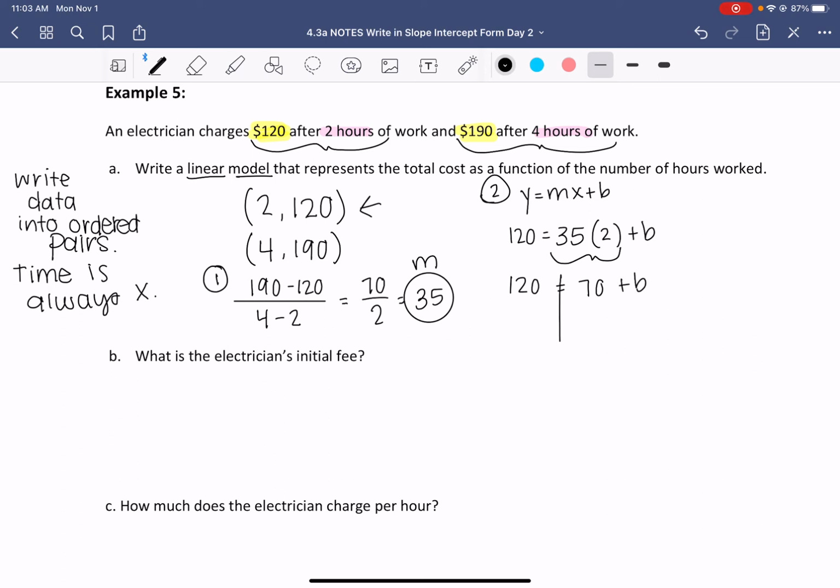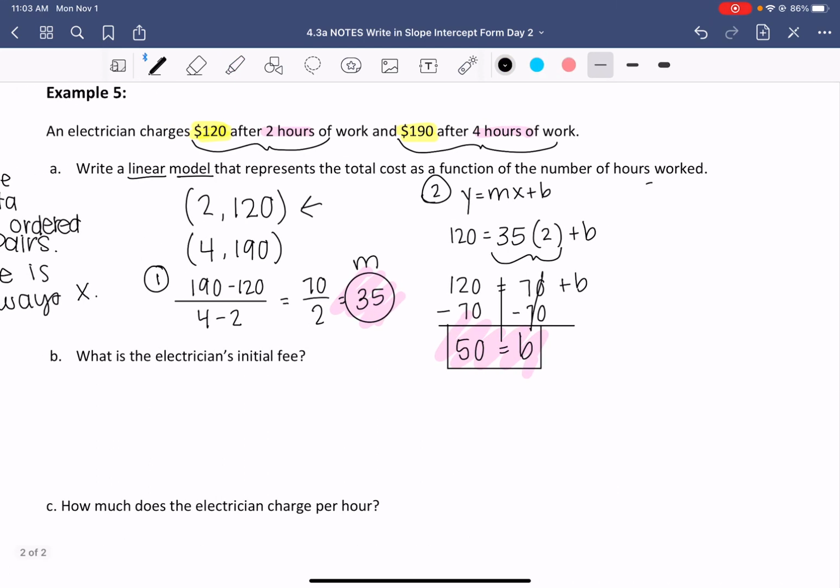And then we're going to solve for b, so I'm going to subtract 70. 120 minus 70 is 50. So this is our b. Once you have your m and your b, you can write a linear equation: y equals 35x plus 50.